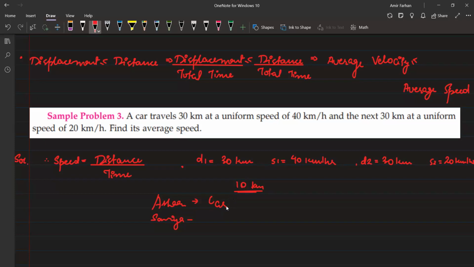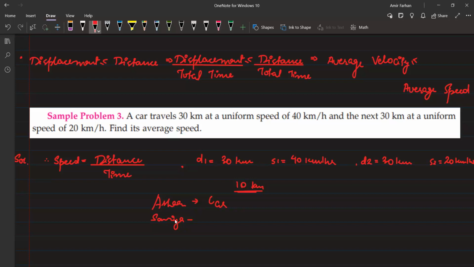So Arhan is going by car and Samia is going by walk. Who will cover the 10 km distance first, Arhan or Samia? Arhan will cover the distance faster because Arhan is going with a higher speed.